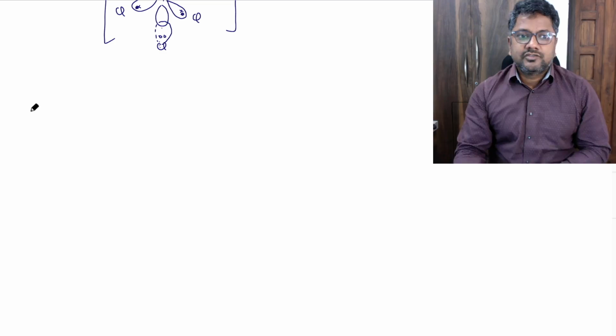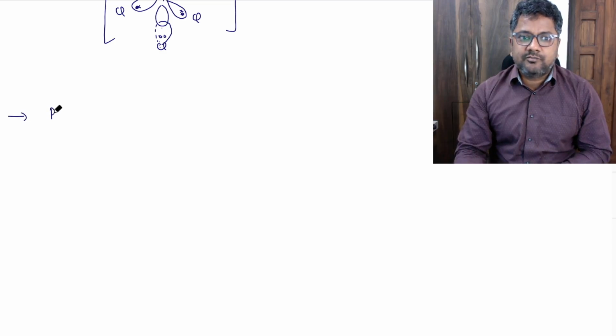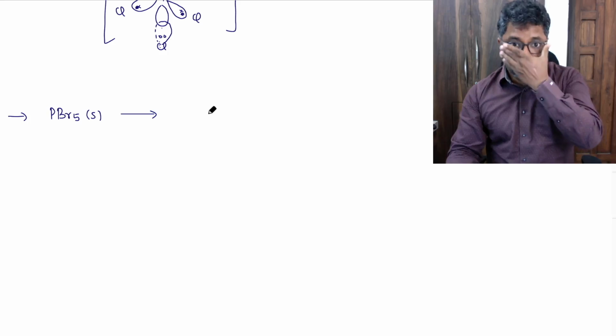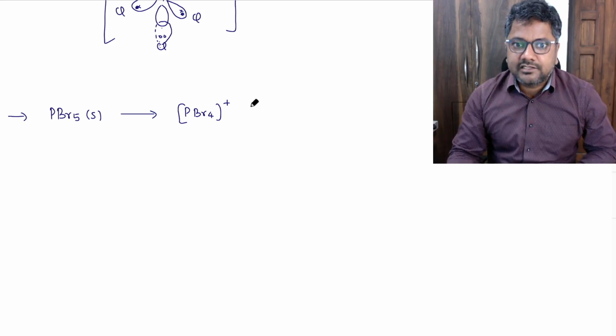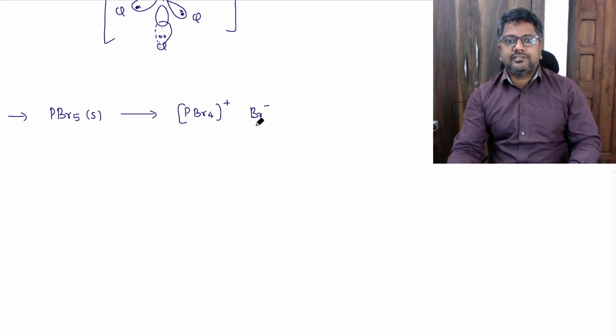So see, suppose that PBr5 is there. This PBr5 solid exists as PBr4 plus and the ionic species Br minus, right?